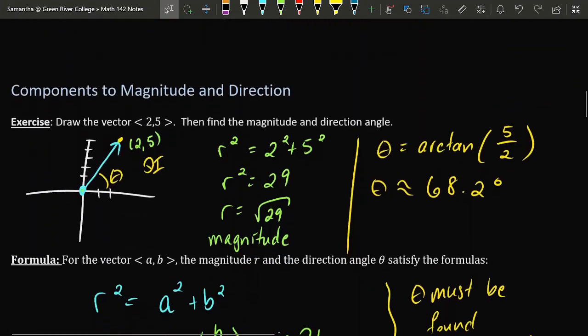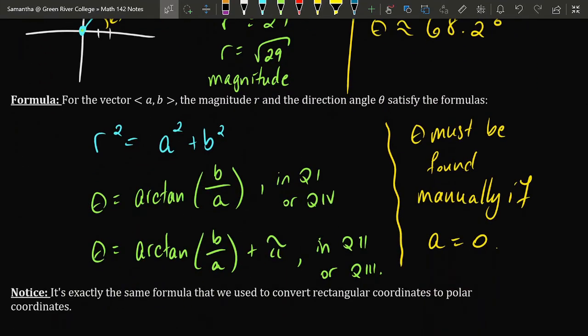If I had the components of a vector and I wanted to find its magnitude and its direction angle, then I could find the magnitude by taking the square root of the quantity a squared plus b squared. And if I was going to take the direction angle theta, I would either use arctan of y over x or arctan of y over x plus a half rotation, depending on the quadrant of my vector.